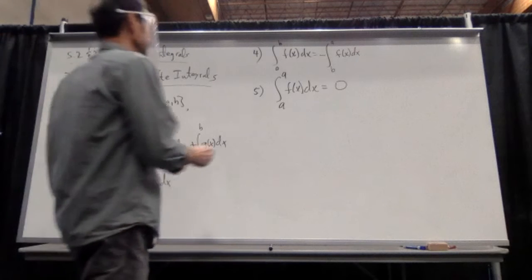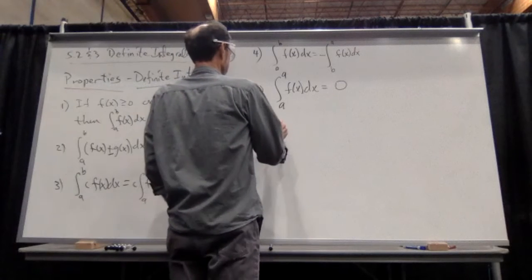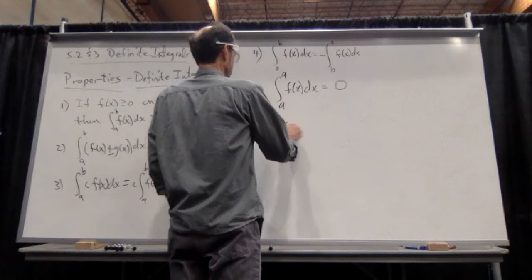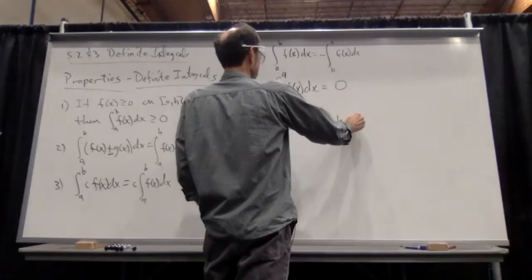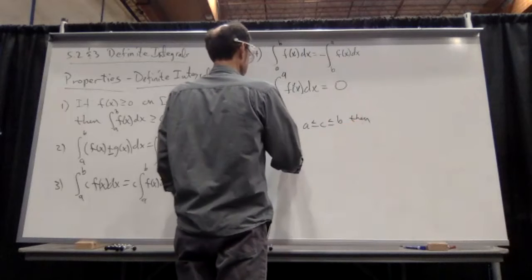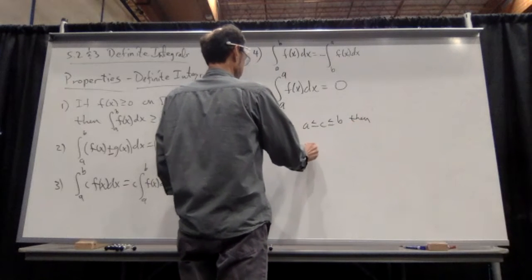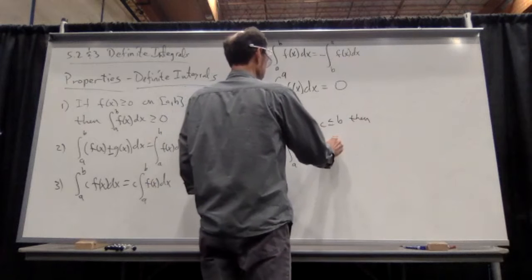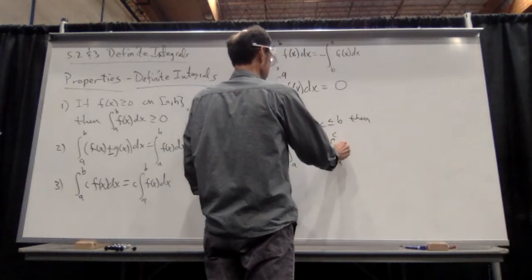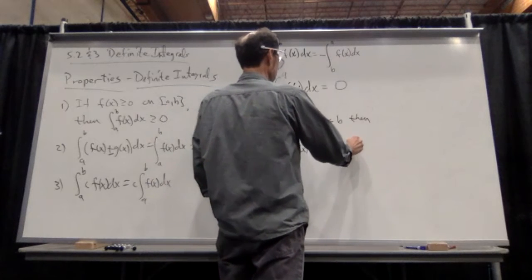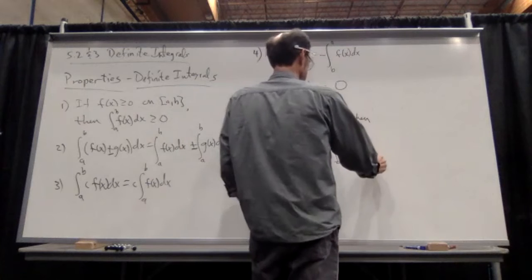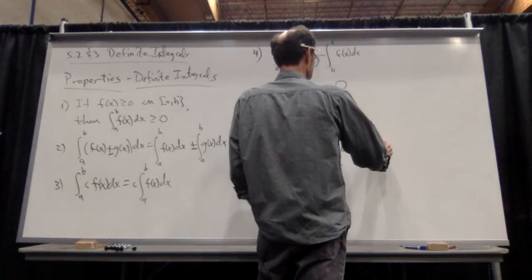Rule 6. If c is a number between a and b, then the integral from a to b of f of x is equal to the integral from a to c plus the integral from c to b.